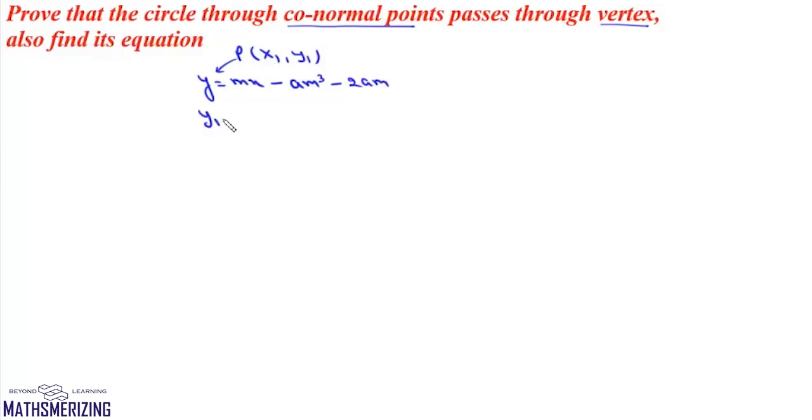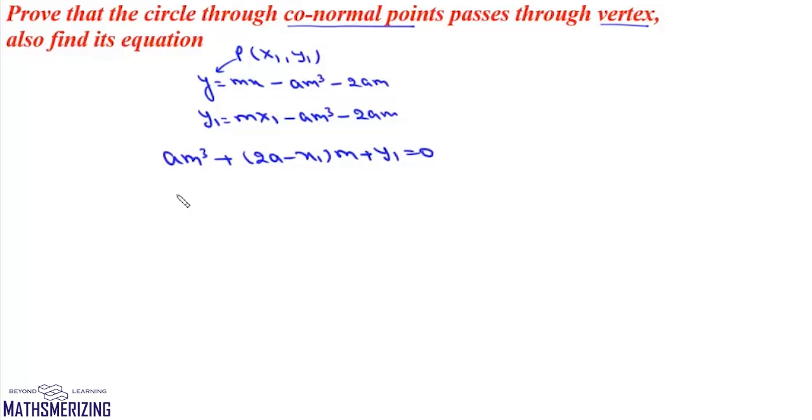So we can write this as y1 equals mx1 minus am cube minus 2am. Now we can write this equation as a cubic equation in terms of m. So we can write it as am cube plus (2a minus x1) into m plus y1 equals 0.